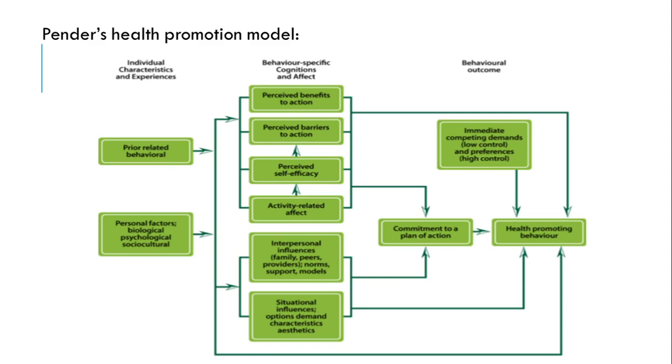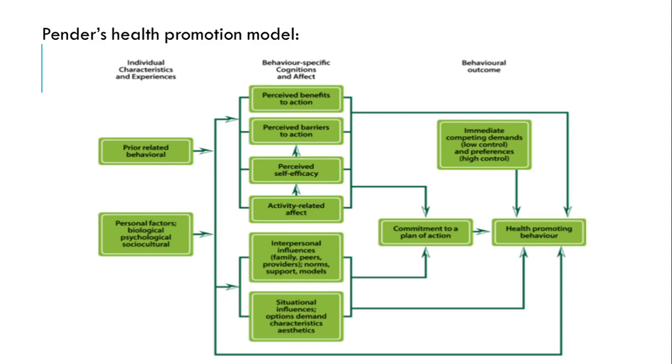Families, peers, and healthcare providers are important sources of interpersonal influence that can increase or decrease commitment to and engagement in the behavior. Situational influences can also increase or decrease the commitment towards the behavior.